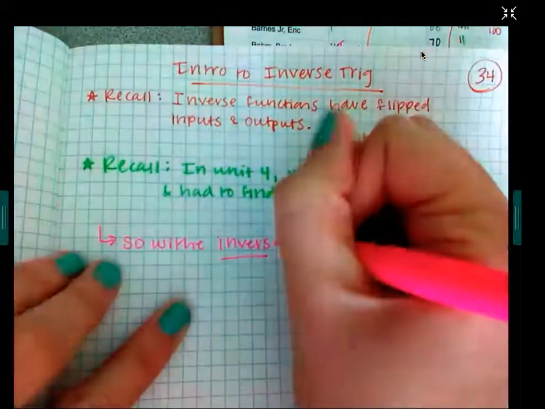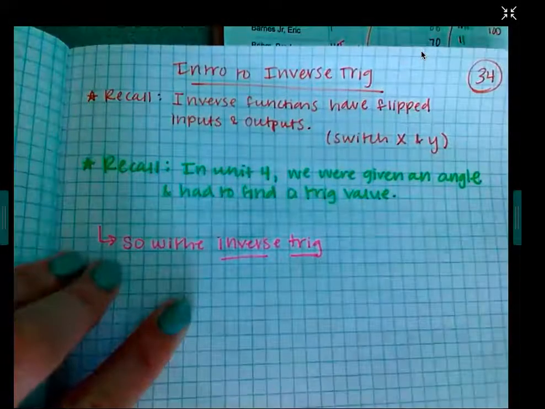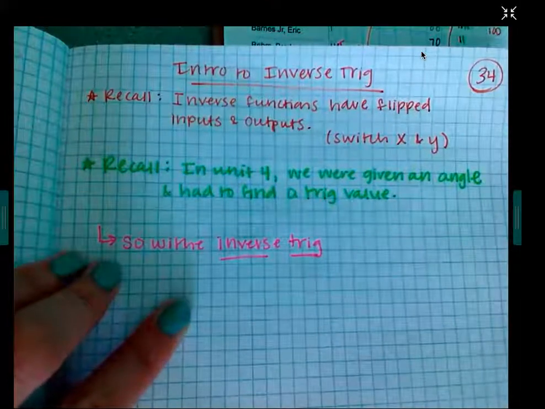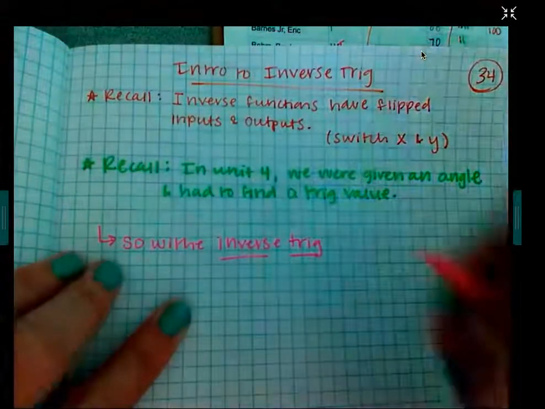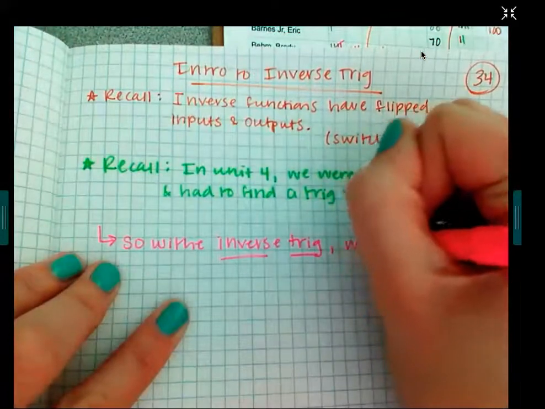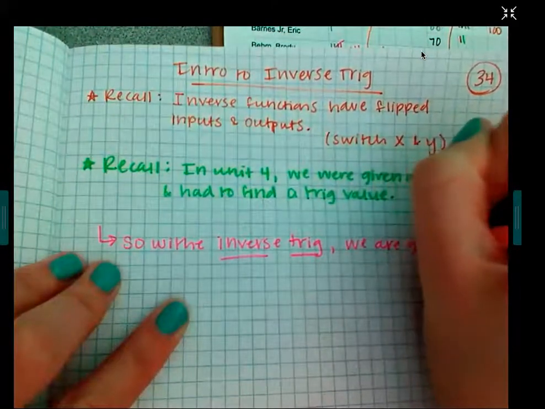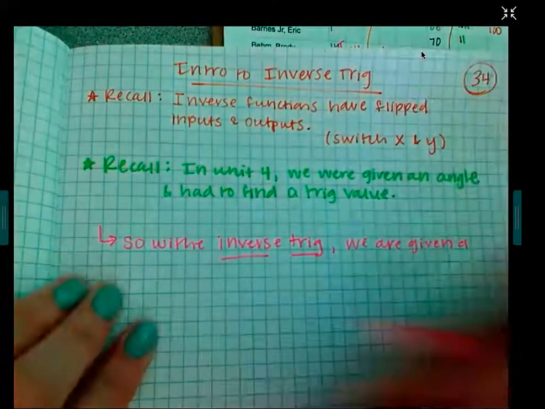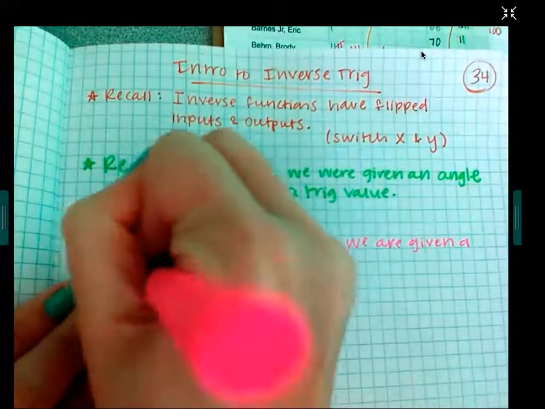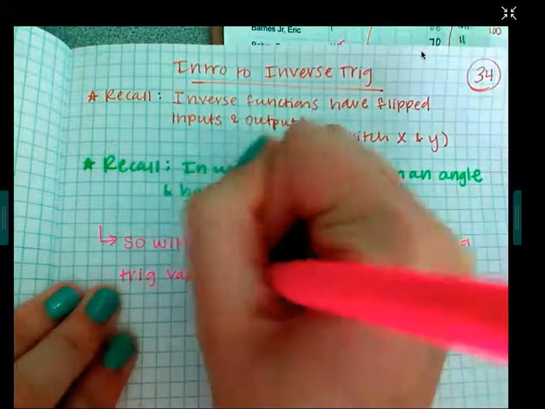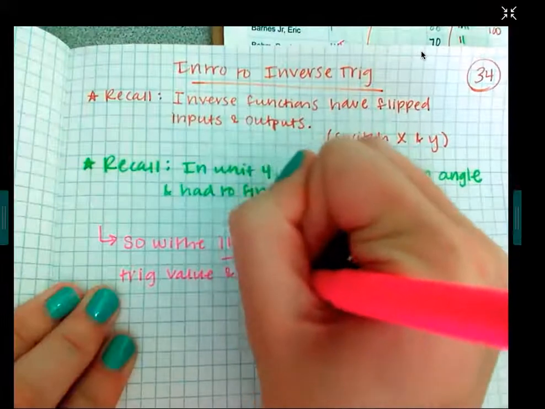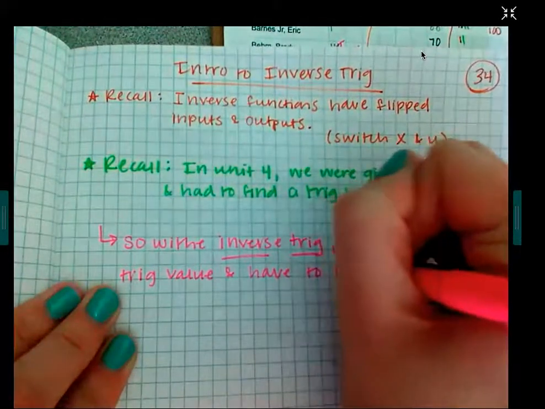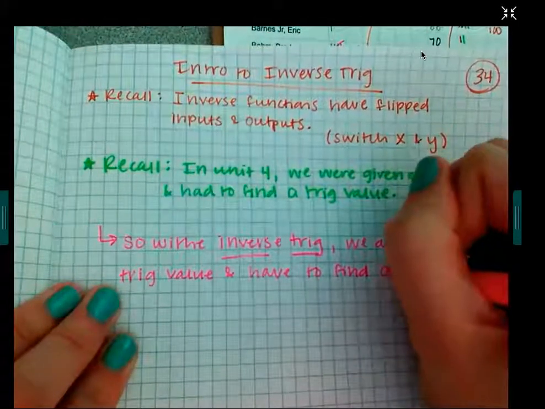So with inverse trig, what am I going to be given? The trig value, good. We are given a trig value, and what are we going to be finding? Good. Do we feel like we can do that?